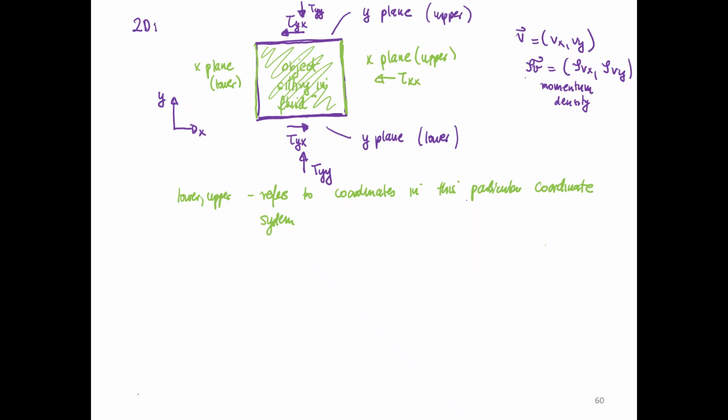And the lower plane, same thing, right? It's just going to act in a different direction. And then my shear stresses are going to be parallel to this x plane, right? So they're going to be tau xy this time.